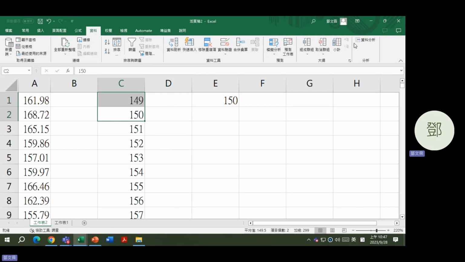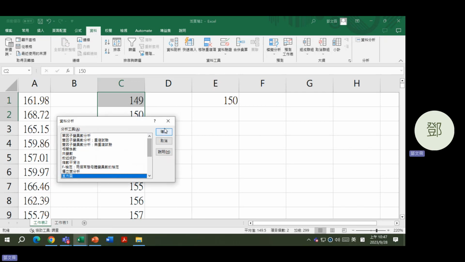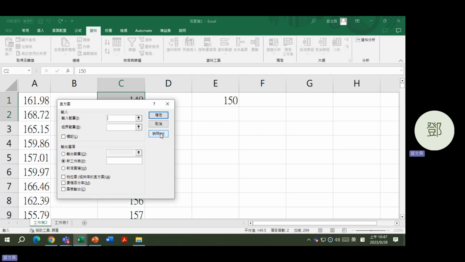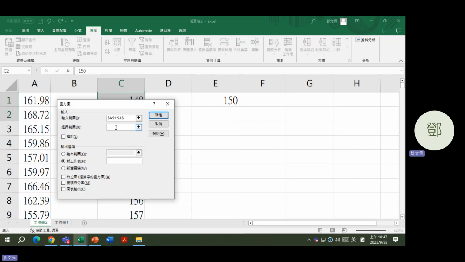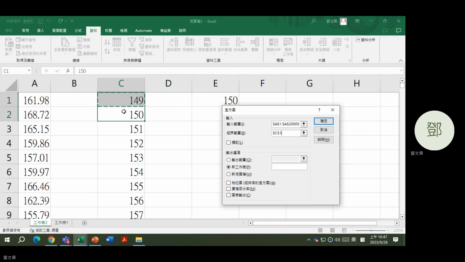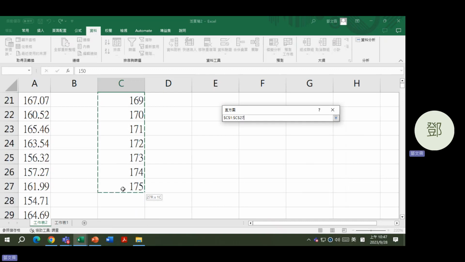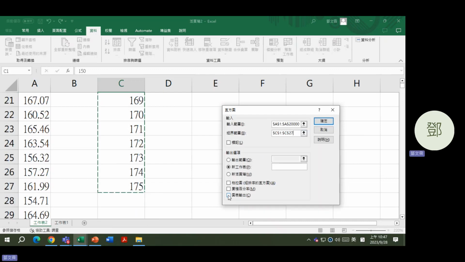Okay. And data analysis again. Here, A1 all the way up to 20,000. You specify the class limit, and it plotted for you.